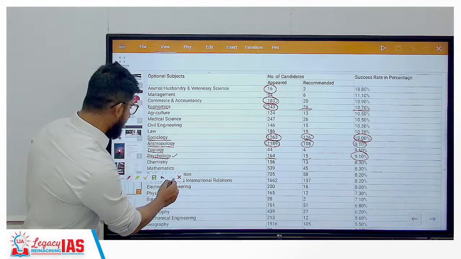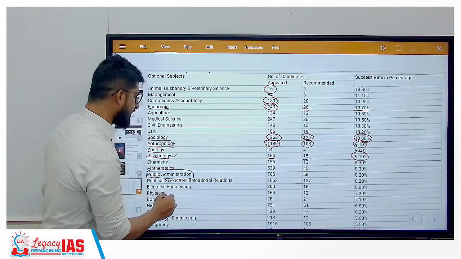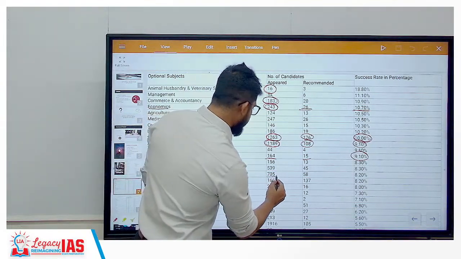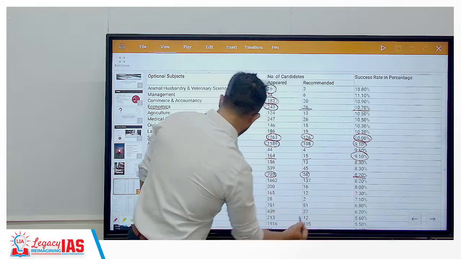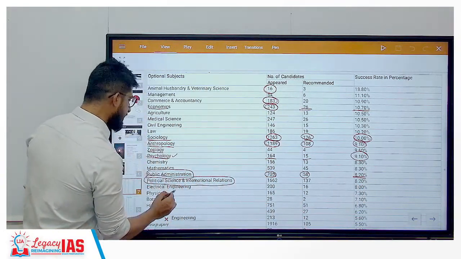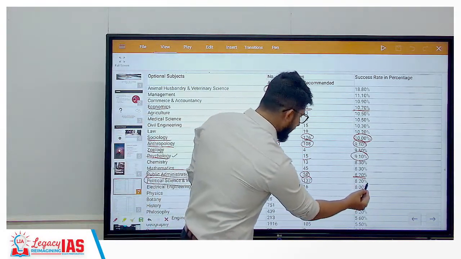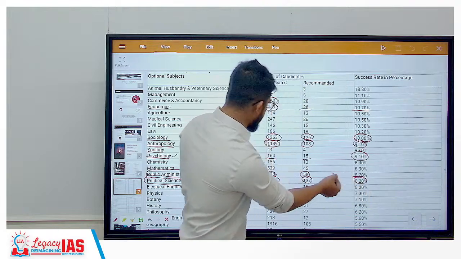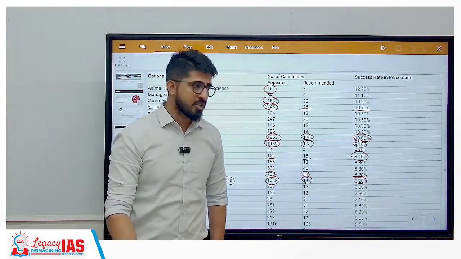And then you have public administration, which has performed well. 705 people, 58 selected, which is 8.2%. And then you have PSIR, political science and international relations, 1,662 people, 137 selected, 8.2%, which are almost equal, public administration and political science and international relations.